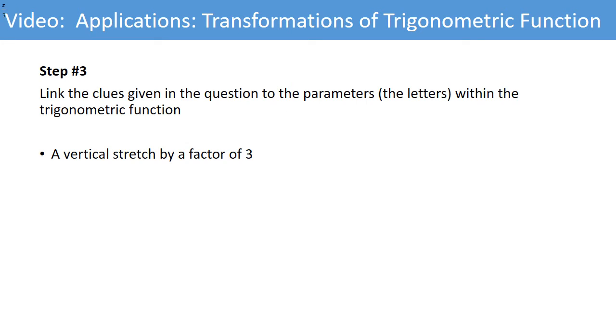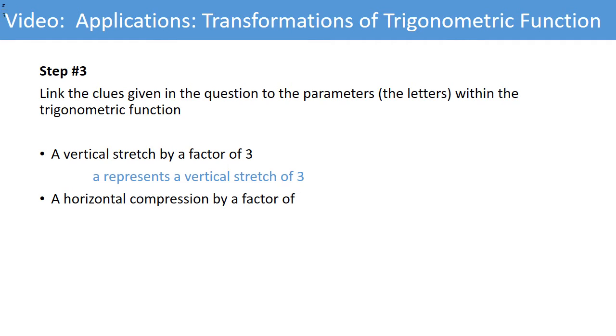From there, we're going to link the clues given in the question to the parameters, or the letters, within the trigonometric function statement. A vertical stretch by a factor of 3 means that A will equal 3. A horizontal compression by a factor of 1/2 means that K represents a horizontal compression of 1/2.